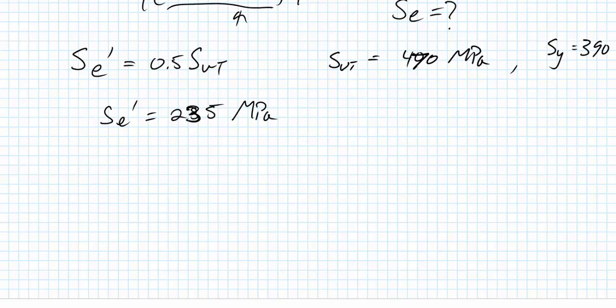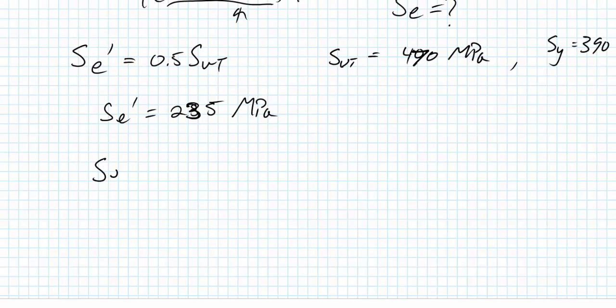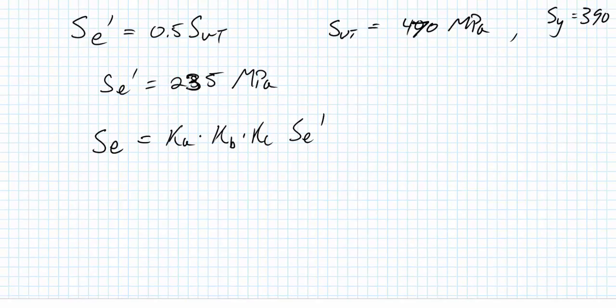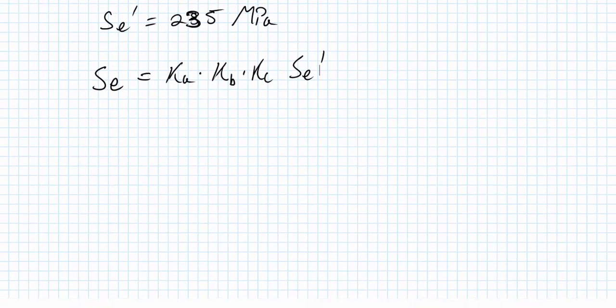Now, to find our actual endurance strength, we need to use the Marin factors. So the actual endurance strength equals Ka, Kb, and Kc, and we'll just ignore Kd, Ke, and Kf, we'll call them 1 for now, times the hypothetical endurance strength. So now we just need to calculate what those K's are.